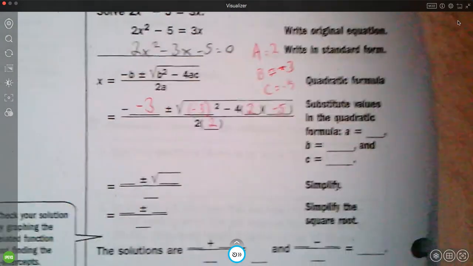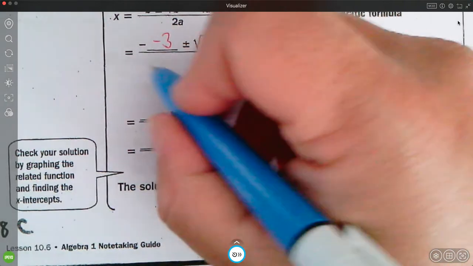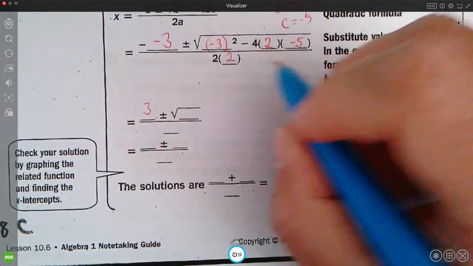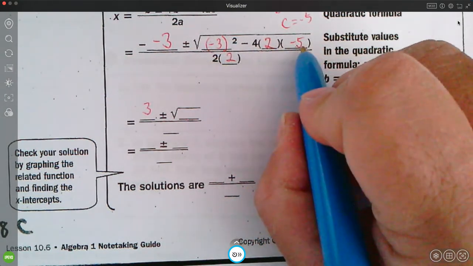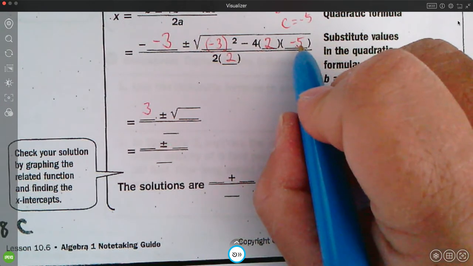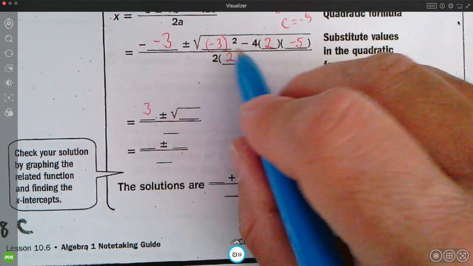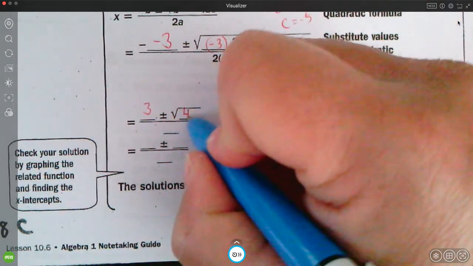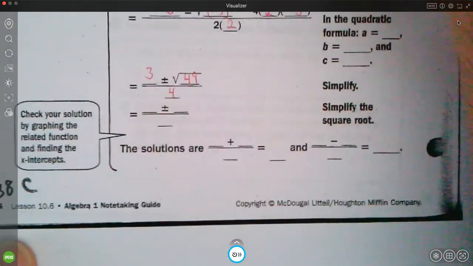All right, so if I do that right, clean that up a little bit, down here, -3 is just 3, all right? -4 times 2 is -8 times -5 is 40. Aha, and 3 squared plus 40, so that's 49. Works out nice. And then times 4. So another nice perfect one here.